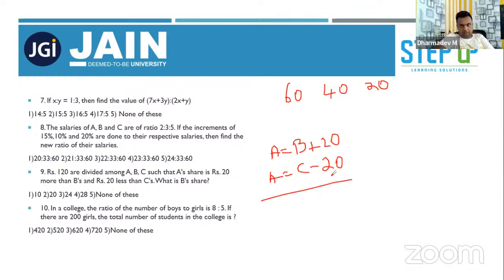So 20 and 20 gone. So B plus C equals 2A, 2 times of A. It's just to understand that in case I'm adding two values, it should be 2 times the A value.